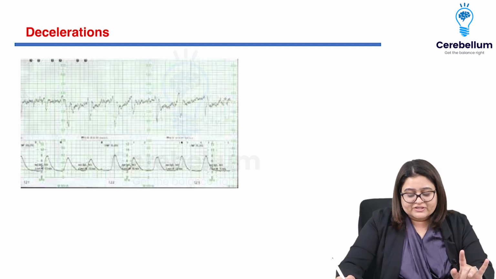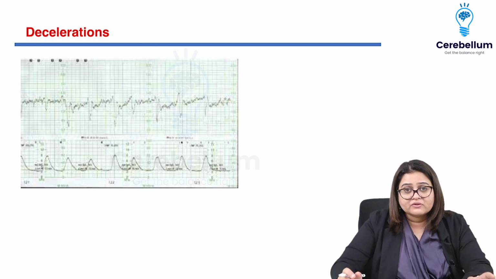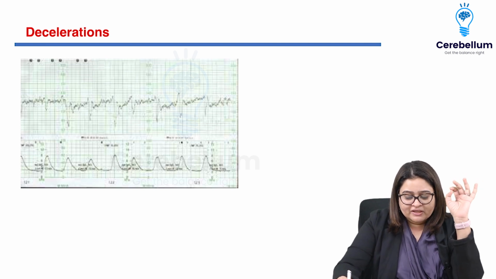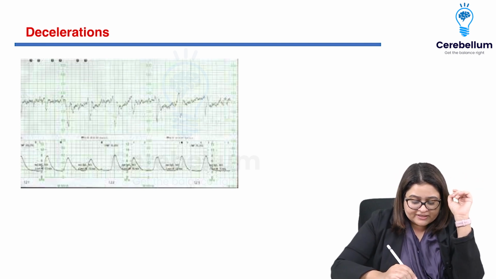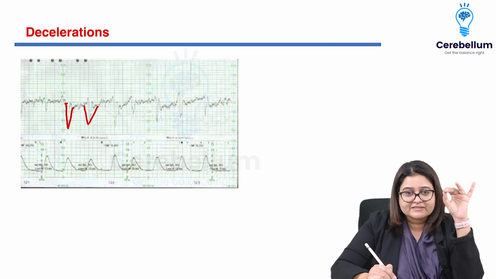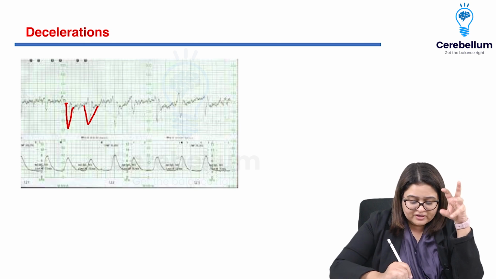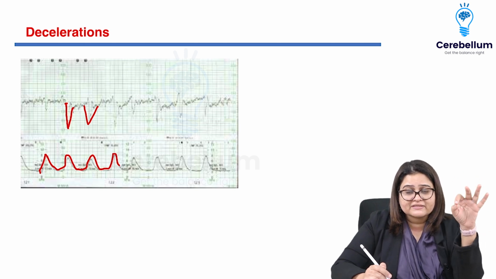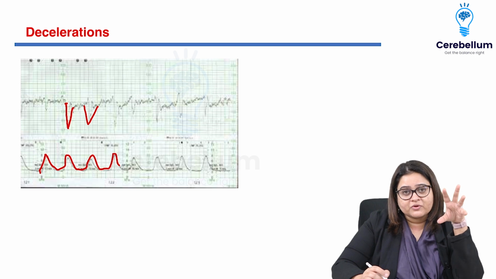What is a deceleration? Now, the most important part of a CTG is the deceleration. Deceleration, as I said, is a drop in the fetal heart. You can see these are decelerations of 15 beats per minute or more lasting for more than 15 seconds, and these are always seen in relation to the uterine contractions, because that helps us tell the type of deceleration and what could be the possible cause.